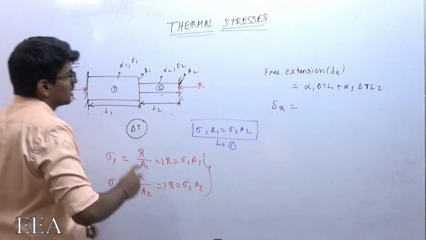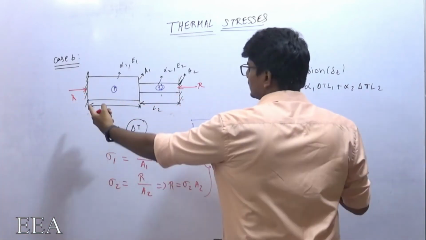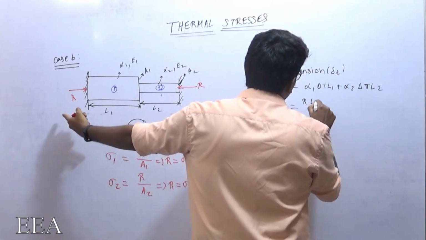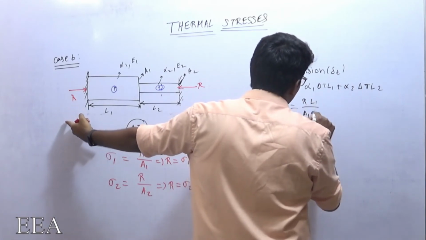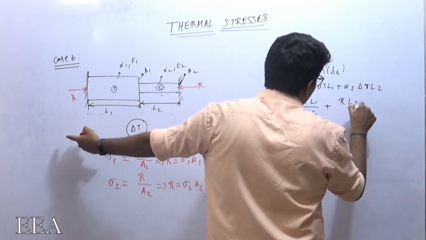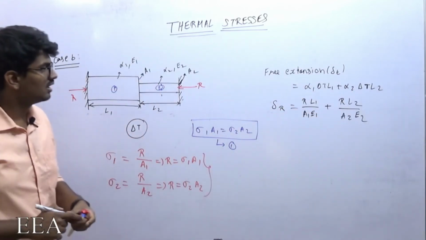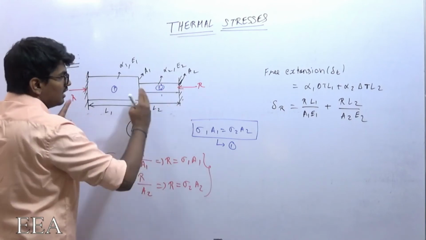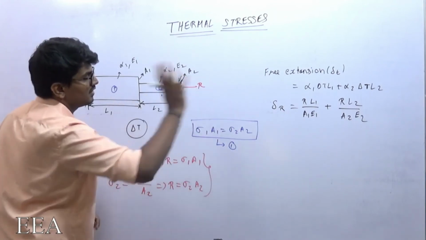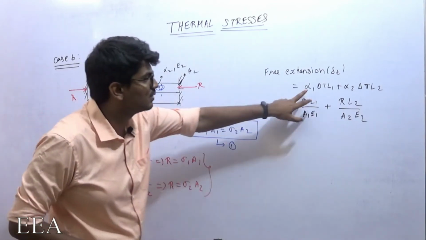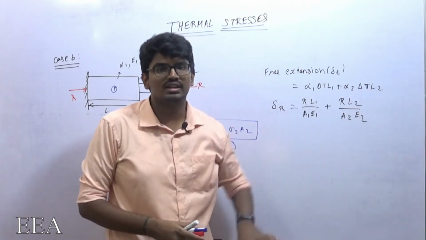How can I write that? P1 is nothing but R, right? So R L1 by A1 E1 plus R L2 by A2 E2. Simply, if there is no restriction, it will freely expand. First member, second member freely expand, and that expansion value is equal to alpha 1 delta T L1 plus alpha 2 delta T L2.